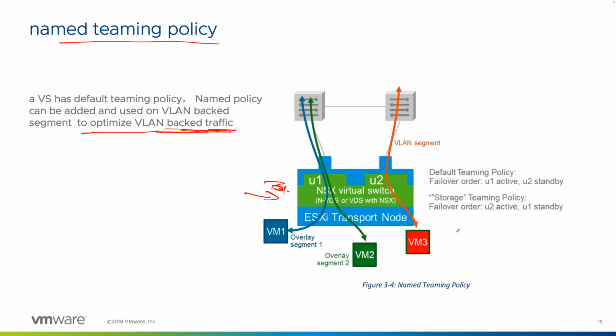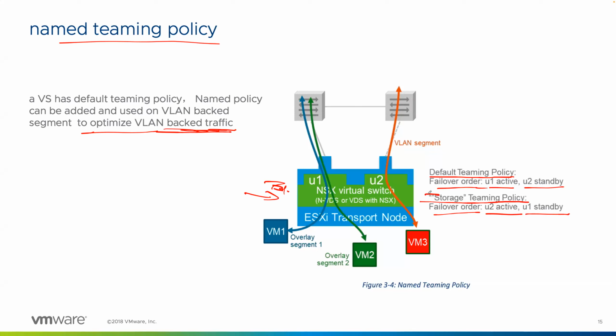So for example, here we have the default teaming policy we mentioned in the last slide. We have failover, U1 as active, U2 as standby. And we also have a storage teaming policy. This is a named teaming policy that defines the failover order, U2 as an active link and U1 as a standby link.